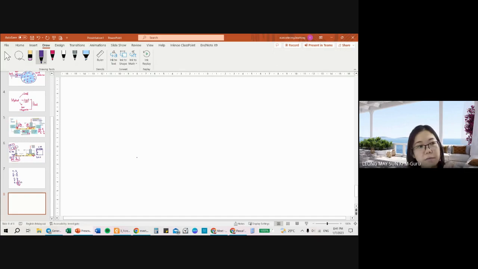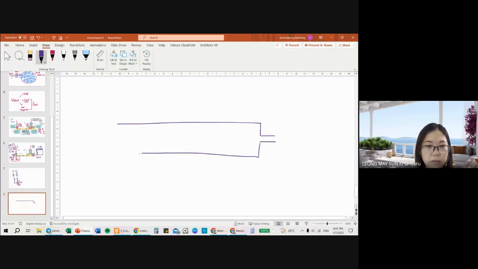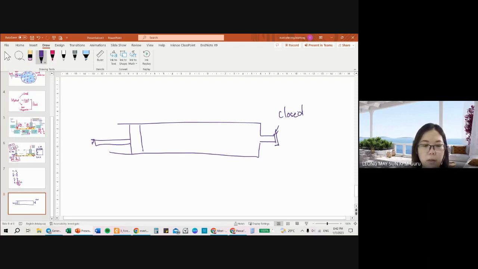Let's just say there's a syringe, and then usually we have the piston located here. If we were to close this part up, this is already closed. This is actually the piston.